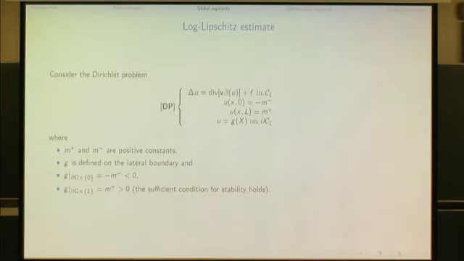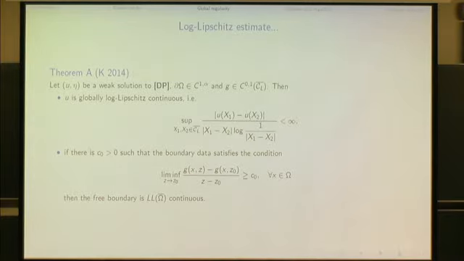I'm going to assume that on the top and the bottom of my cylinder I have constants, a positive constant on the top, a negative constant at the bottom, and G is now the function that lives only on the cylindrical portion of the fixed boundary. I'm going to assume that G is, say, Lipschitz, okay? And clearly, I need some compatibility conditions, that G agrees with these two constants on the top and on the bottom.